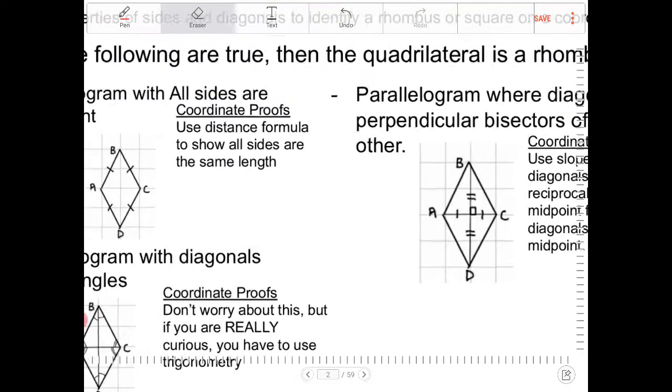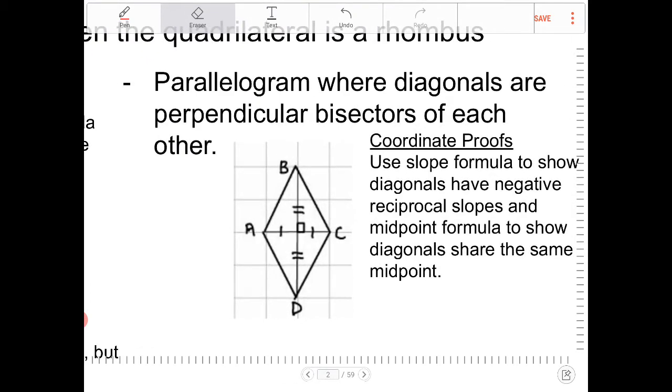Moving on, the second property used to show that a quadrilateral is a rhombus is to show that the diagonals are perpendicular bisectors of one another. In order for us to determine that the diagonals are indeed perpendicular bisectors of one another, we need to find the slopes of the two diagonals.